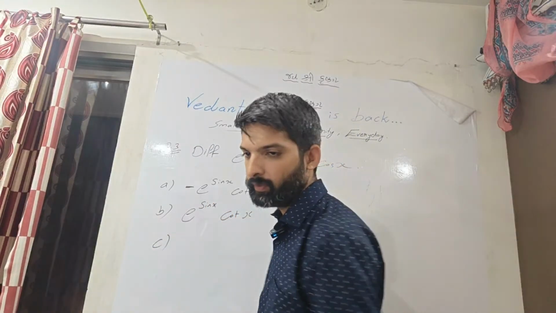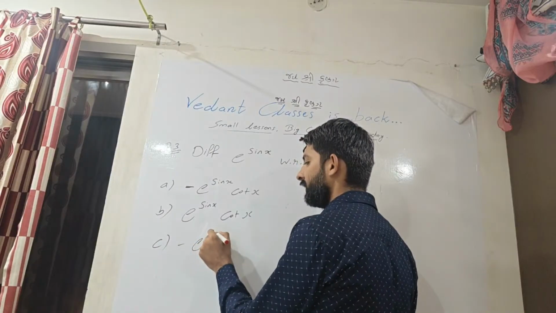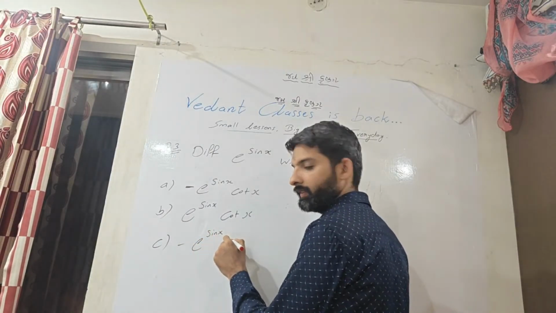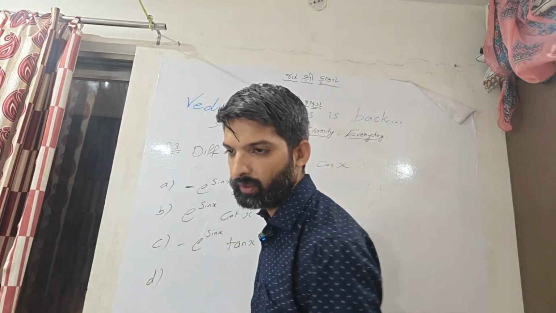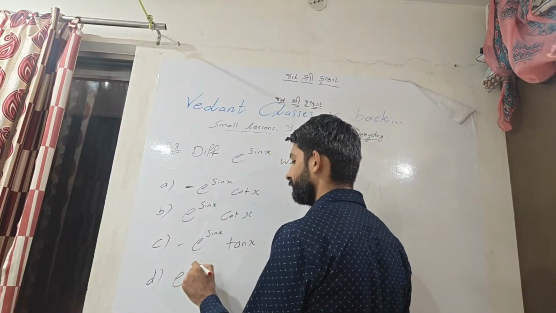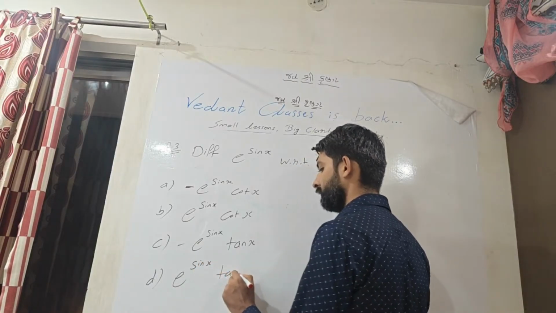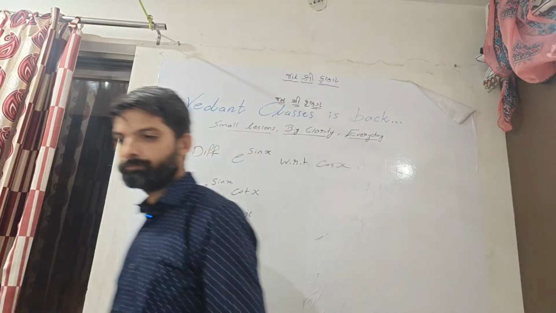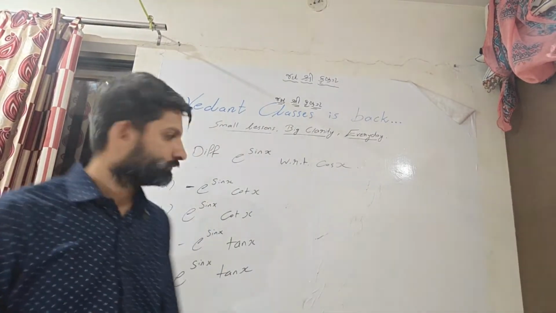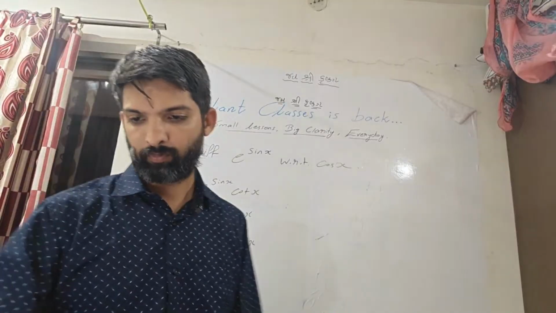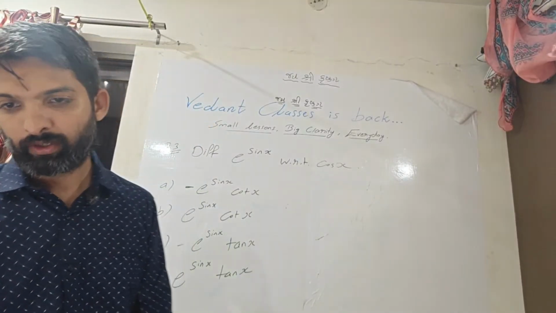Option C, minus e raised to sin x tan x. And option D, e raised to sin x tan x. Okay, solve and tell me the answer.